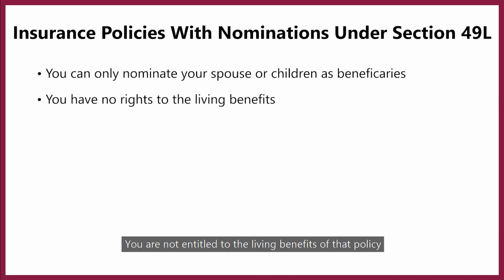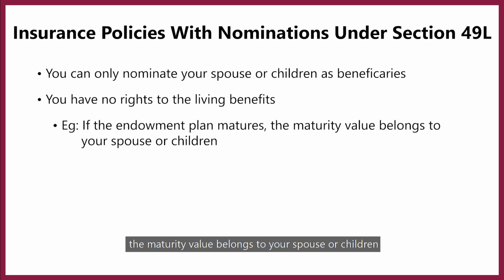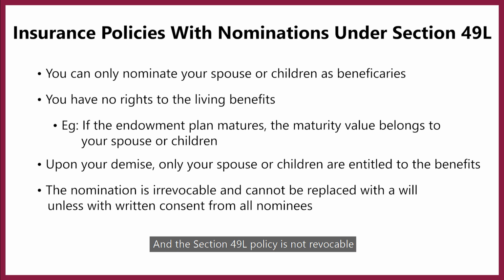You are not entitled to the living benefits of that policy. For example, if the endowment matures, the maturity value belongs to your spouse or children. Upon your demise, only your spouse and your children are entitled to the benefit. And the Section 49L policy is not revocable and you cannot replace it with a will unless with written consent from all nominees.